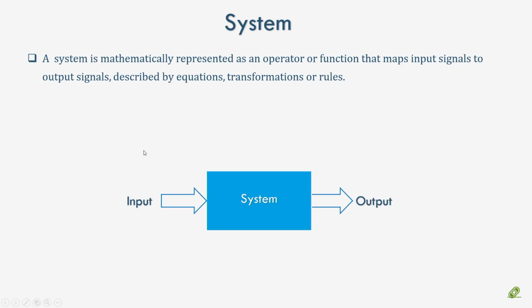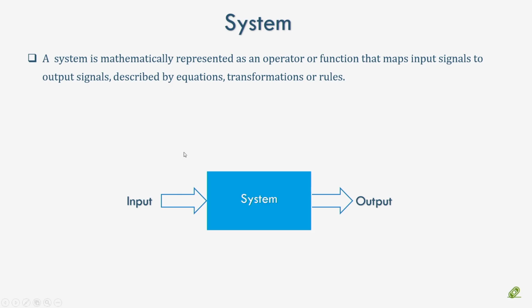It is an operator or a function that maps input signals to output signals, described by equations, transformations or rules. So the mathematical object we are talking about here is an operator. A system is mathematically represented as an operator, and a signal is mathematically represented as a function.